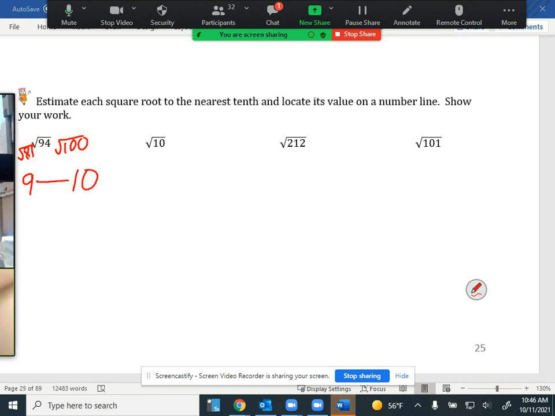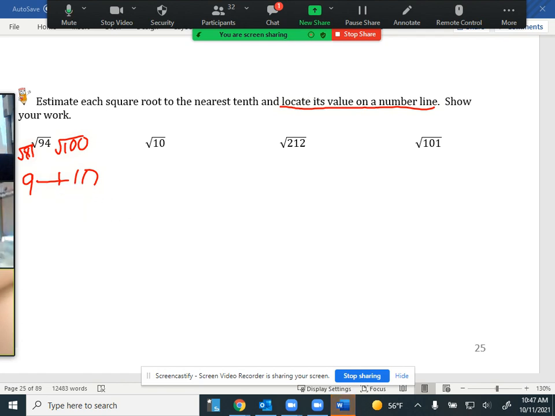So this is what you're going to want to write, because it says locate its value on the number line. So draw your number line and then decide which side it's going to be closer to. 94 is only 6 away from 100, but it's 13 away from 81. So it's going to be closer to the 10. So you would say maybe 10.8. I'm sorry, not 10.